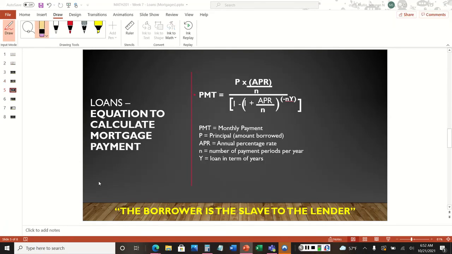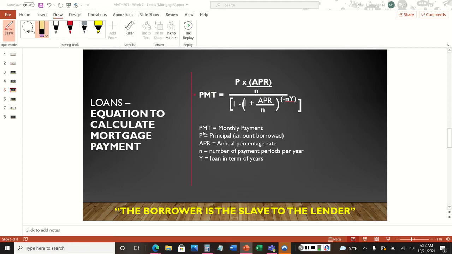All right, so to calculate a mortgage payment, or not just a mortgage payment, but any type of loan payment, there is an equation to use for that. The equation, as you can see, is PMT equals P times APR over N, all over, in brackets, 1 minus parentheses 1 plus APR over N, in parentheses, and then the exponent is parentheses minus N Y, parentheses, and then bracket.